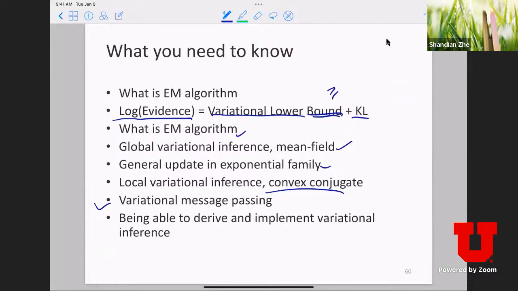It's called variational message passing. And most importantly, we hope you are able to derive and implement variational inference algorithms for many Bayesian models. Okay. Any questions so far?